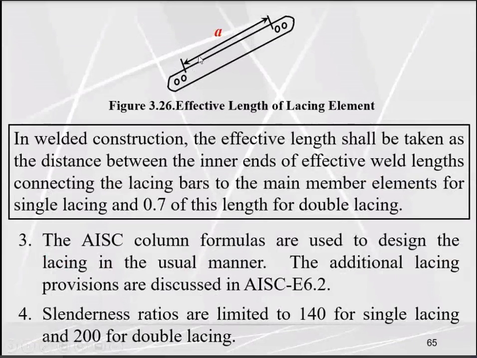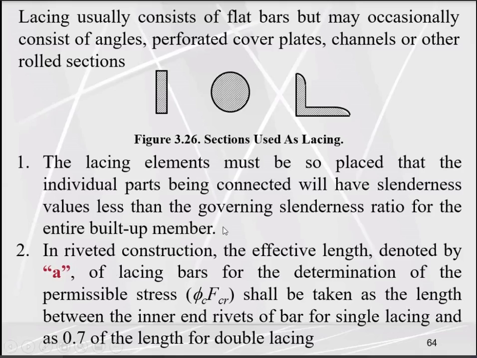Actually, what I believe is that this distance A is from the center of this fastener to the center of the other fastener. And if two fasteners are provided, then from the center of the interior fastener to the center of the other fastener. So if we are using the single lacing, then the effective length of the lacing will simply be this A. And if we are using the double lacing, then we reduce the effective length by multiplying the A value with 0.7.